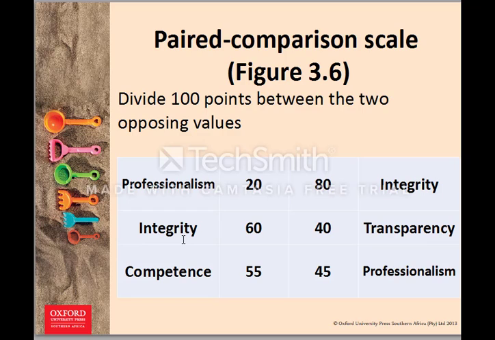Don't those two things go together? How can you, if you're a lawyer, be a professional and have low integrity? Not going to work, right? But anyway, I'm not here to critique the scale. Integrity versus transparency. Competence versus professionalism. See what we're doing there.